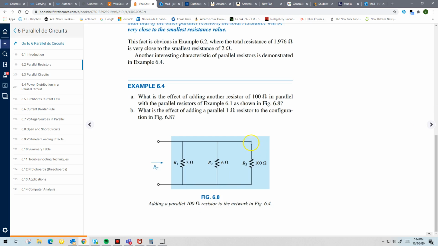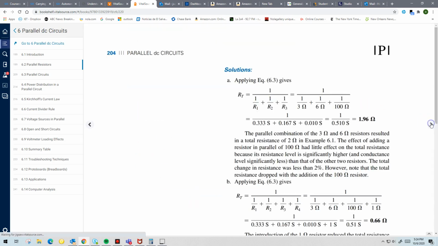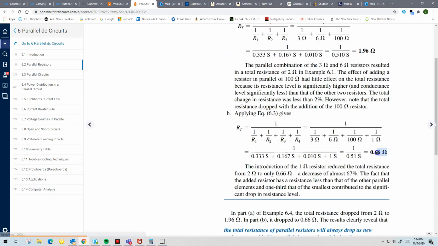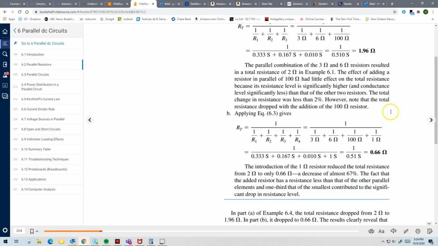However, if we add a 1 ohm resistance in parallel, that's going to change a lot more, because now the smallest resistance will be the 1 ohm and not the 3 ohm. So the total resistance is going to tend to be closer to the 1 ohm, and we see this right here: it's 0.66. So you see the difference.